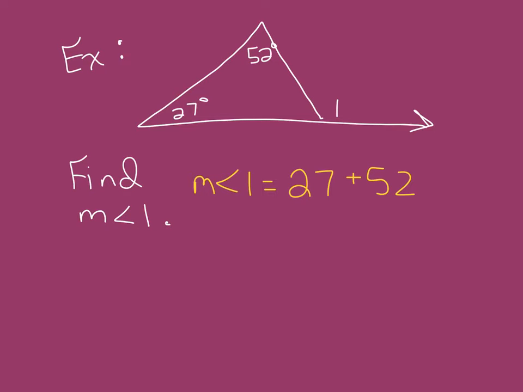Those are your remote interior angles, and we just add those up. So the measure of angle 1 is equal to 79 degrees. Okay? That's the exterior angle theorem.